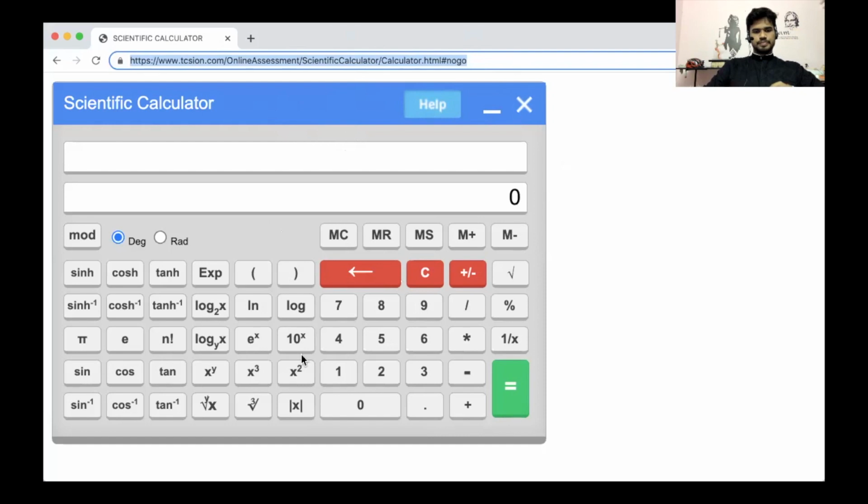So first thing I want everyone to do is open the link, try to find 1 over log 2. 1 by log 2. And also post your answers in the group so that we know where you are.